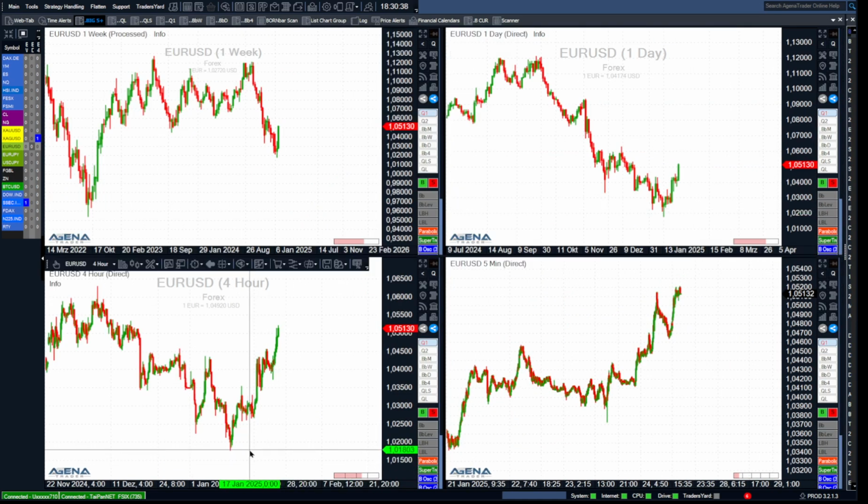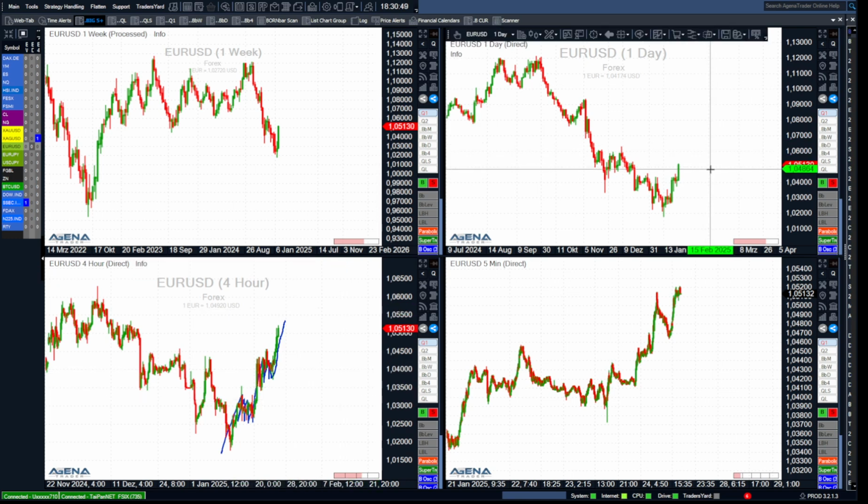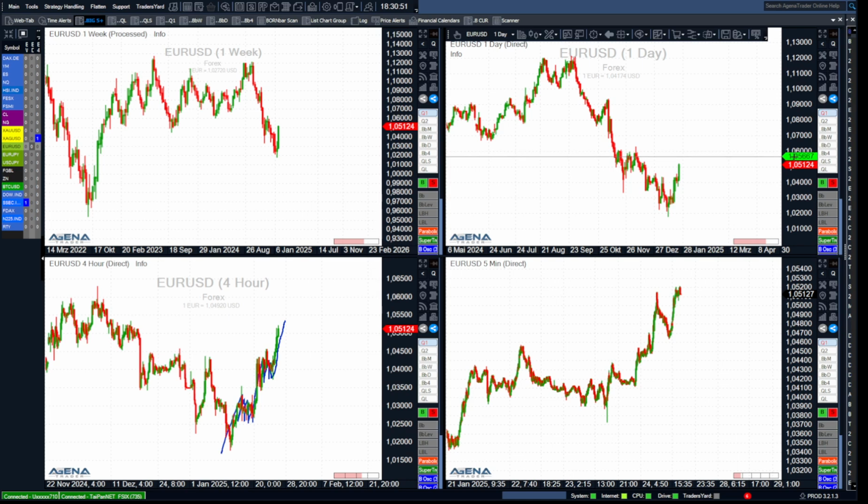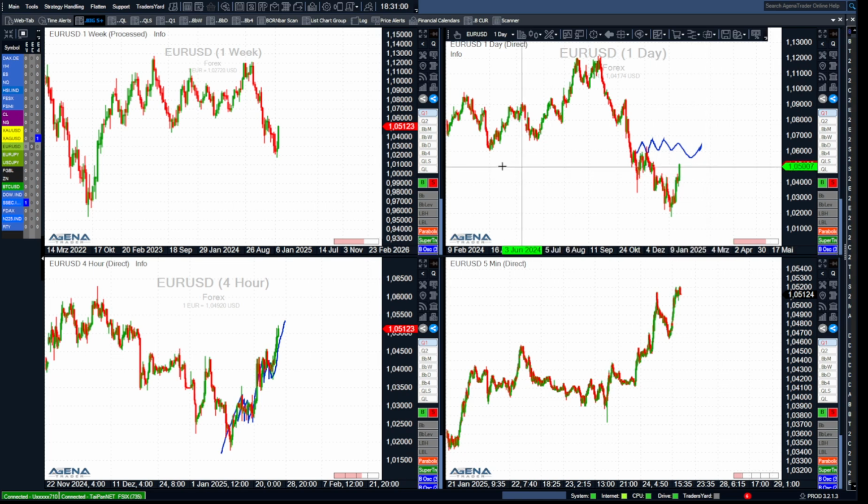This pattern we've seen here has a good chance to come to an end somehow soon. The corrective pattern, 1.06, some say maybe around this level, which is the intermediate highs from early December. There's also a good chance we have some April 2024 levels here.